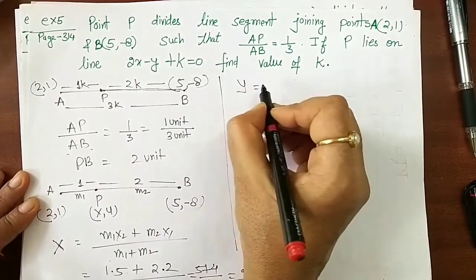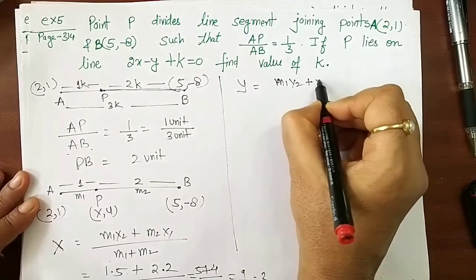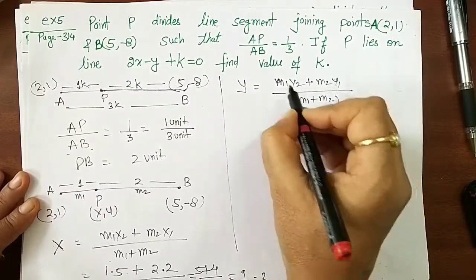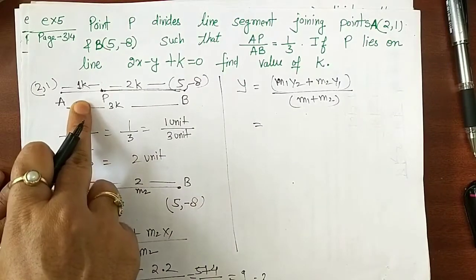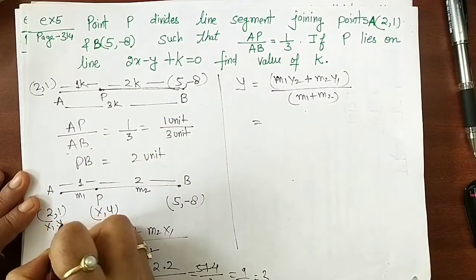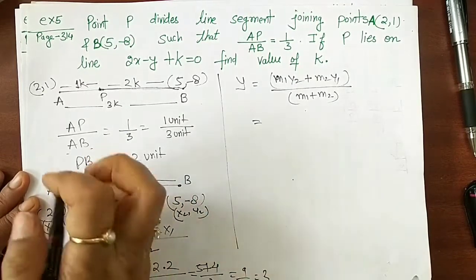Now what is y? y was m1 y2 plus m2 y1 by m1 plus m2. So let me put the values. See, this is my x1 y1, and this is my x2 y2. I'm using this diagram.